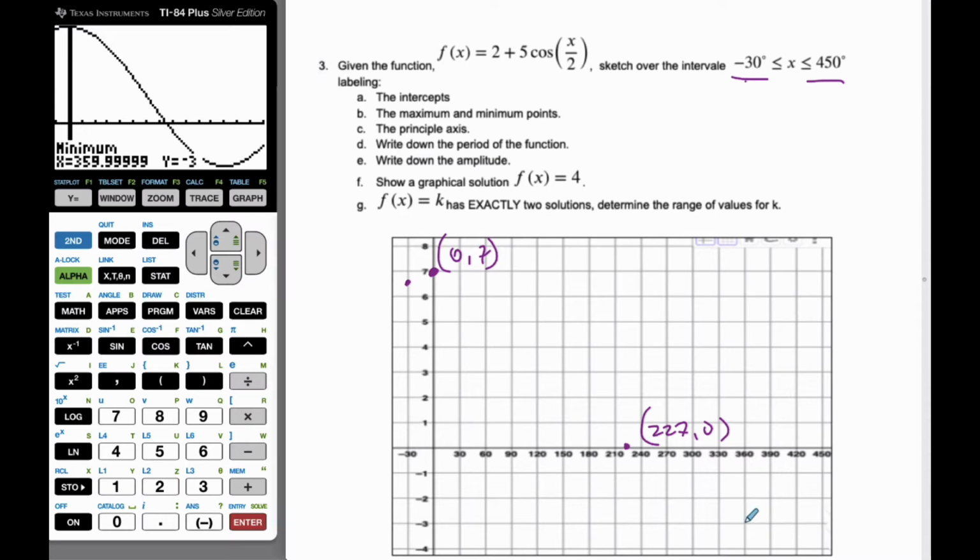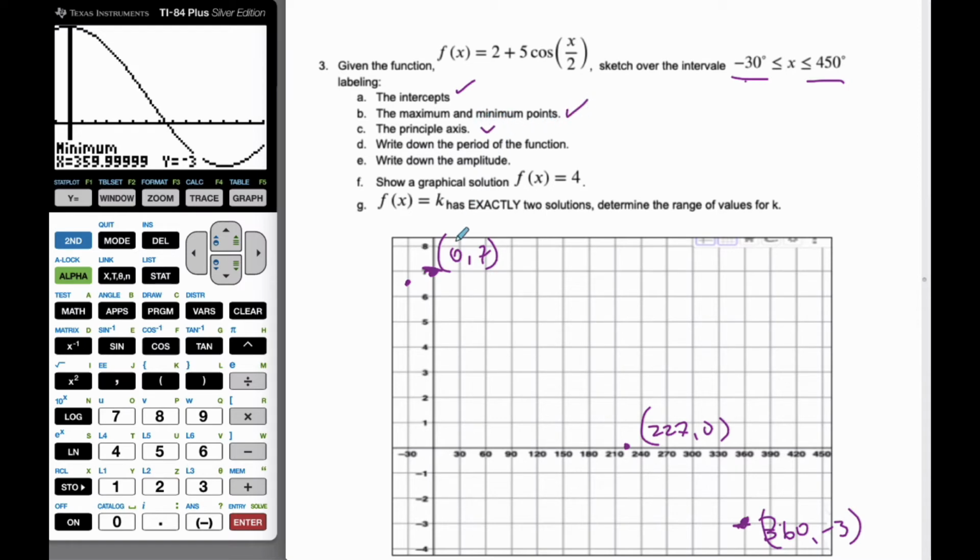So here is the minimum value at (360, -3). And so what I can see is that here's the maximum, here's the minimum. I know I have the intercepts taken care of. I have my maximums and minimums taken care of.